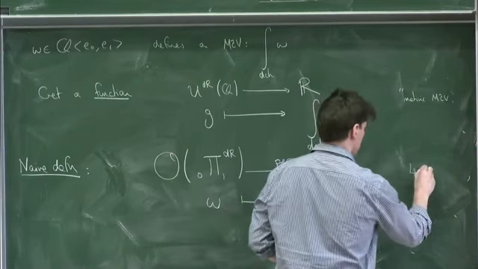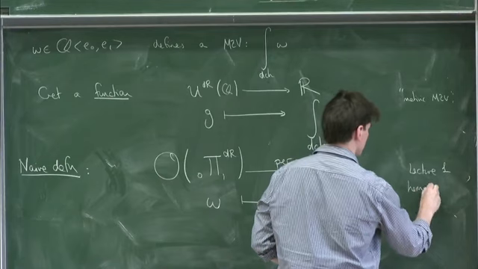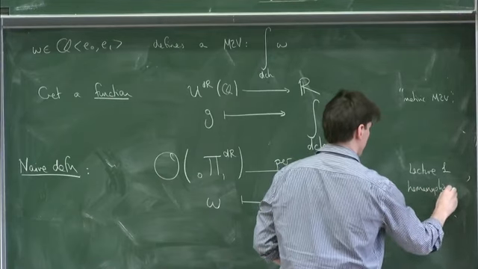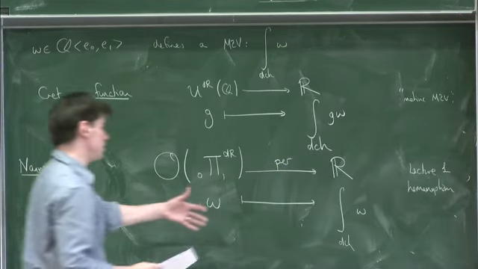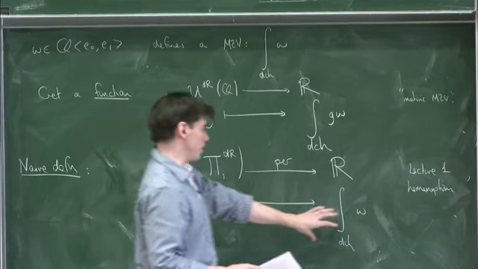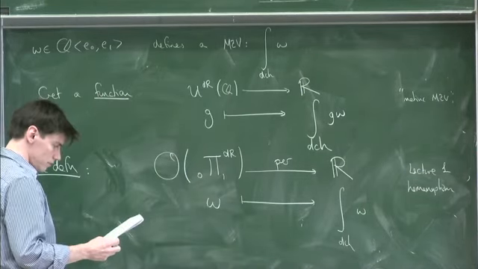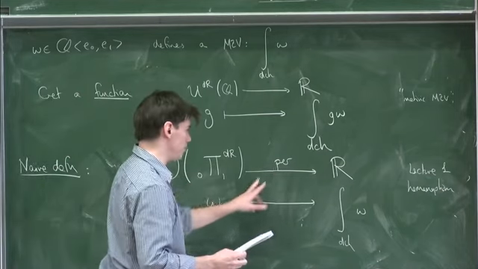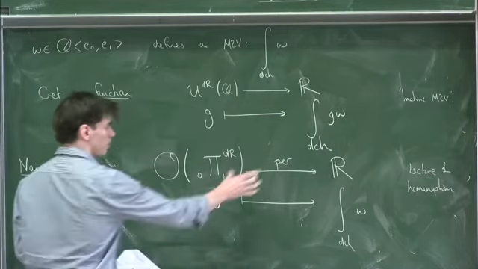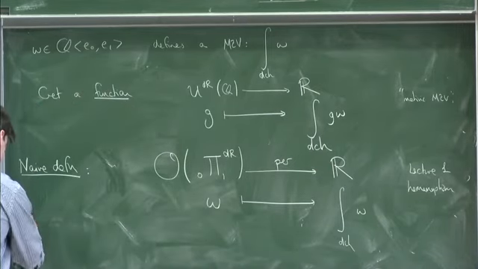So this is lecture 1, and this thing is a homomorphism. That was saying that the multiple zeta values satisfy shuffle relations, or the same thing, that iterated integrals satisfy shuffle relations. So now I'm going to call this map per, period.